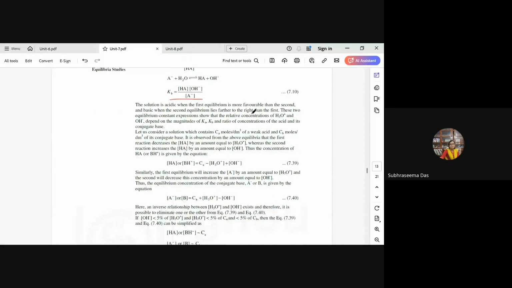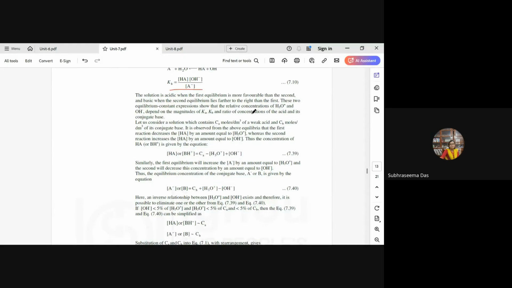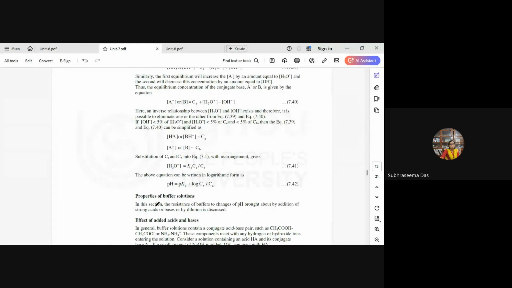This solution is acidic when the first equilibrium is more favorable than the second, and it is basic when the second equilibrium lies farther to the right than the first. So here the equation has been given, and simplifying all the equations, we find that the pH can be written as pKa plus log of the concentration of Cb by Ca.